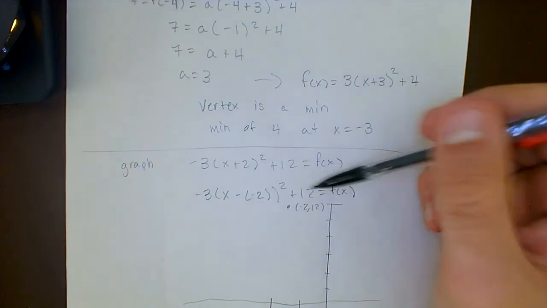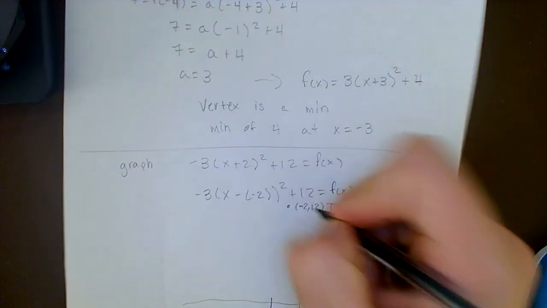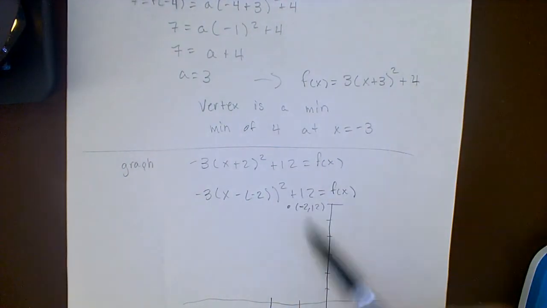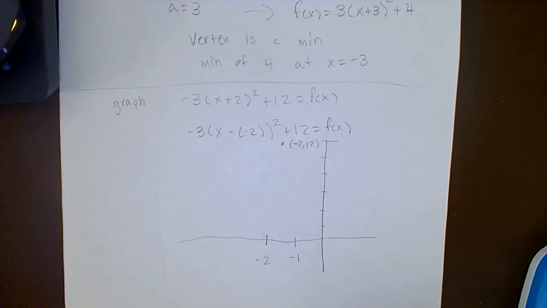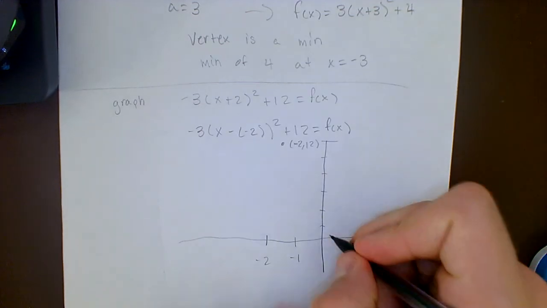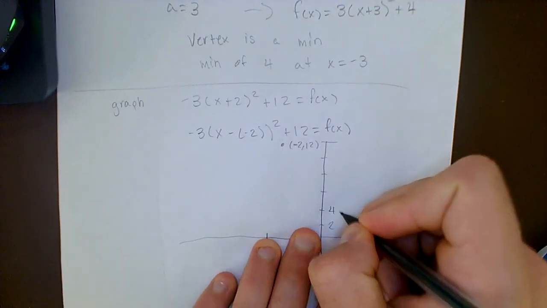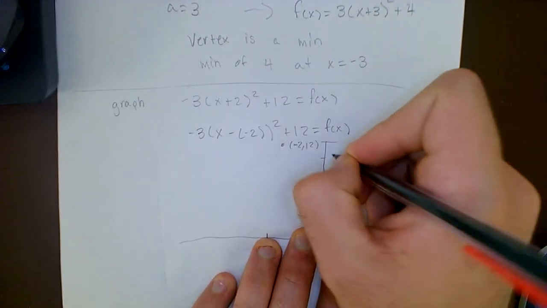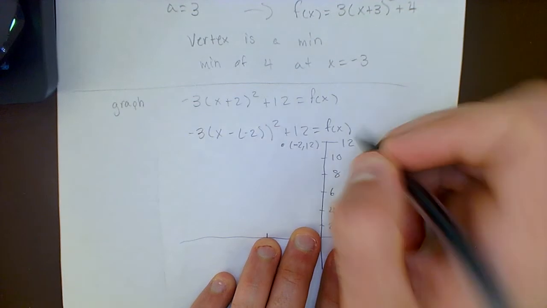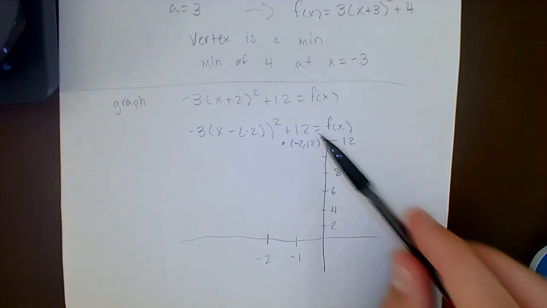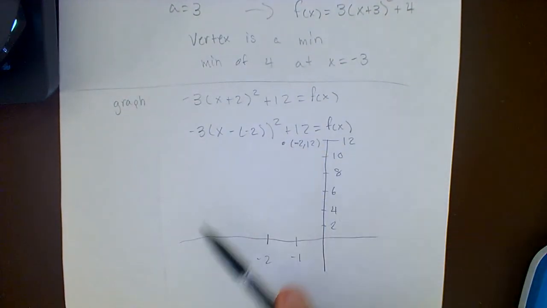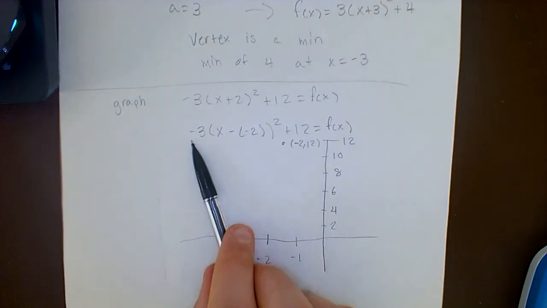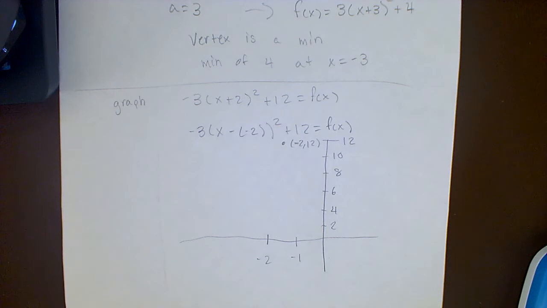Because that's what h and k are. And I also know that I don't need to draw my coordinate plane any higher than 12, since it's going to be a downward facing parabola, since our a value here is negative.